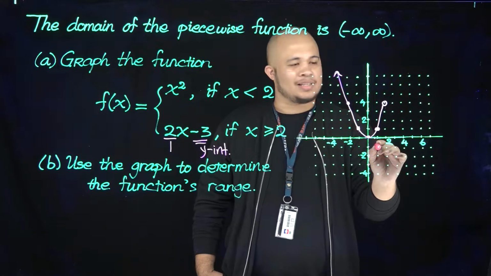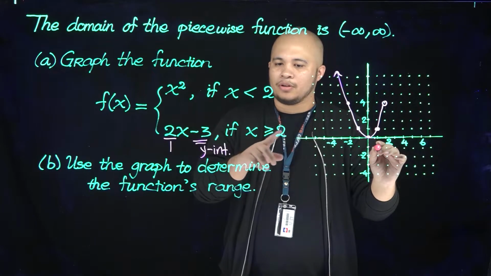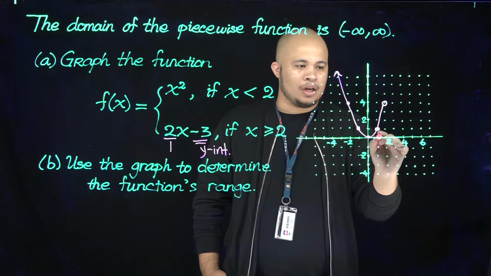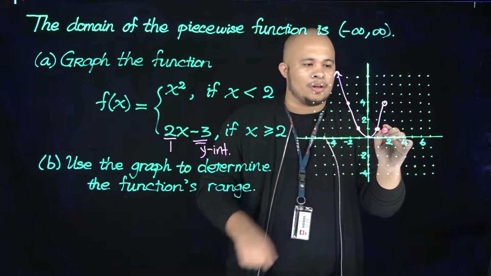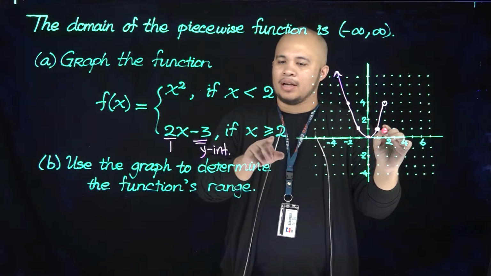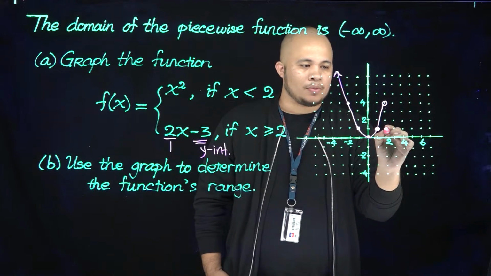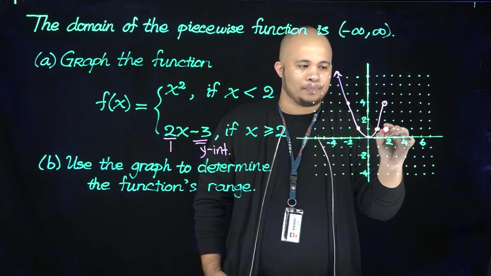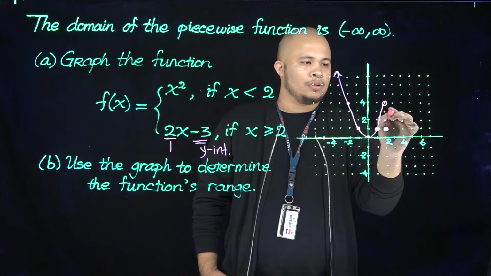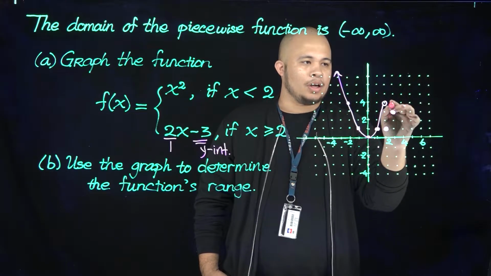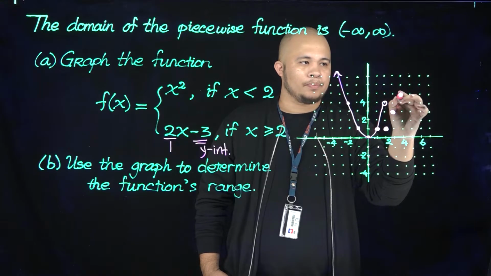But again, this line doesn't apply yet, only when we're greater than or equal to 2. So we'll go up 2 right here. Now that we're at 2 on the x-axis, this says it applies when we're equal to 2. So I'm going to draw a solid circle right here, and continue with your rise over run, up 2 over 1, up 2 over 1.